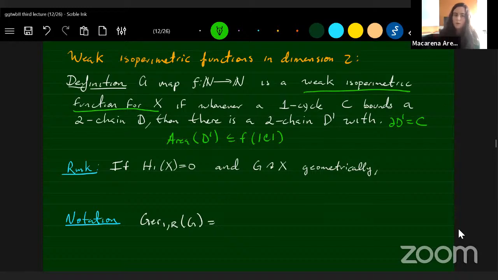And when the first homology group of the space is trivial, and the group acts geometrically, so properly and cocompactly, on the space, then a minimal such f is an invariant of the group. And in fact, it is a quasi-isometry invariant.